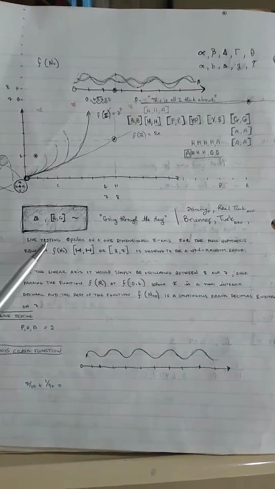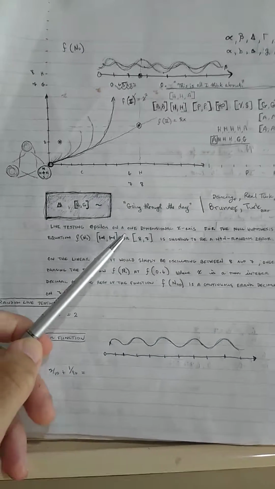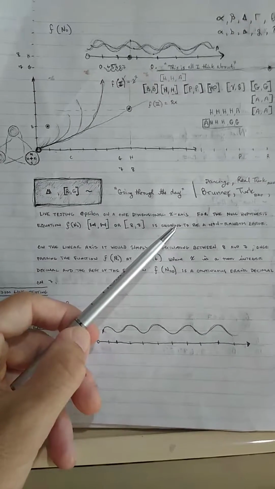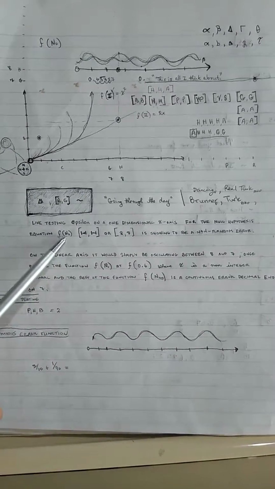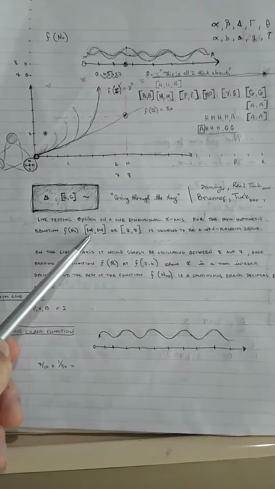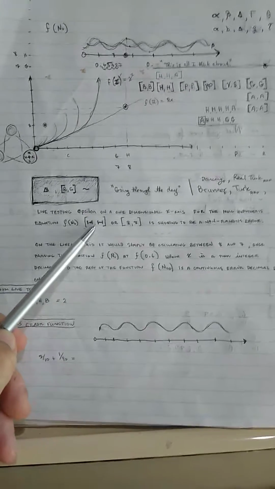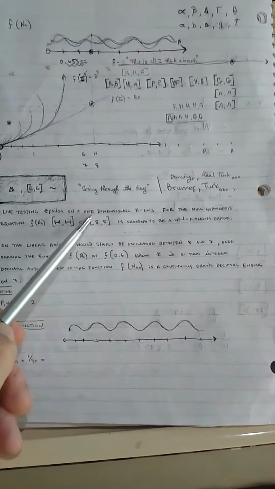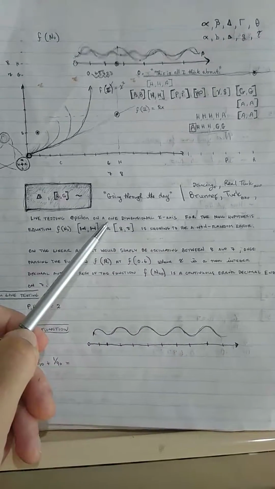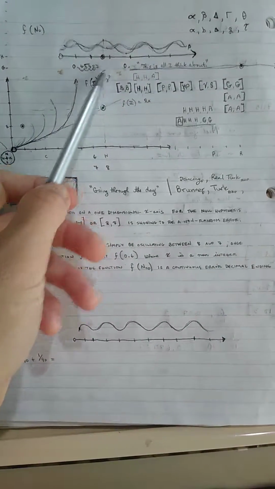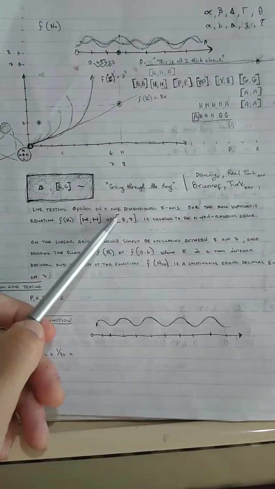So that is what I was doing, live testing epsilon on a one-dimensional x-axis for the null hypothesis, f of n at HH. Like that was different. So I was getting live feedback at HH. Scientifically Hip Hop.